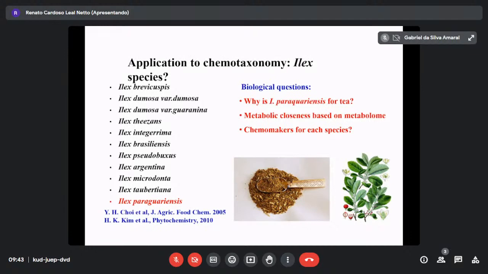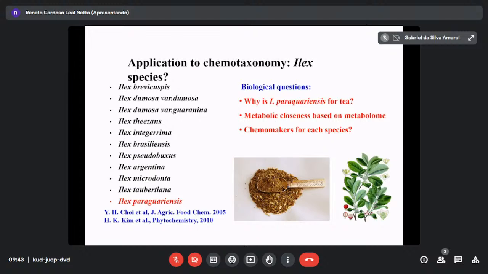But among those, our ancestors, the Paraguayan Indians, chose Ilex paraguariensis. It's quite interesting because at that time they didn't have NMR or mass spectrometry. How was it possible for the American Indians to select only Paraguayan holly? It's just a refreshing beverage.